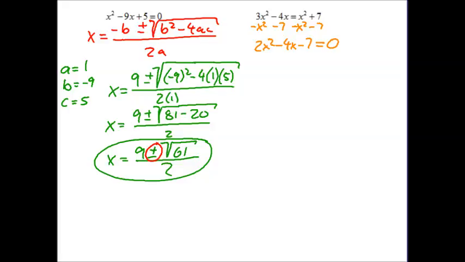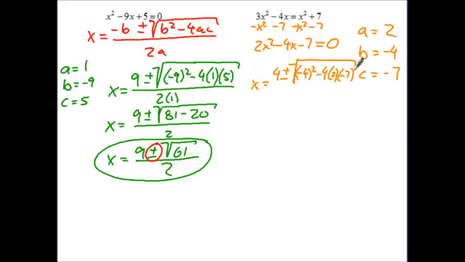So now we can find the values for a, b, and c. a is equal to 2, b is equal to negative 4, and c is equal to negative 7. That means x is equal to the opposite of negative 4, which is positive 4, plus or minus the square root of negative 4 squared minus 4 times 2 times negative 7, all over 2 times 2.